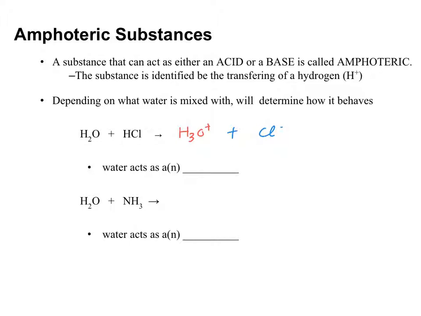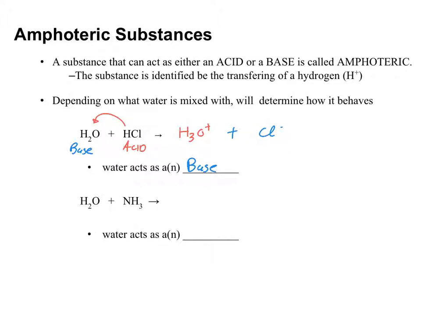It appears as though the hydrochloric acid transferred a hydrogen to water. So that tells me that this is my acid. And water, in this case, is behaving as a base.